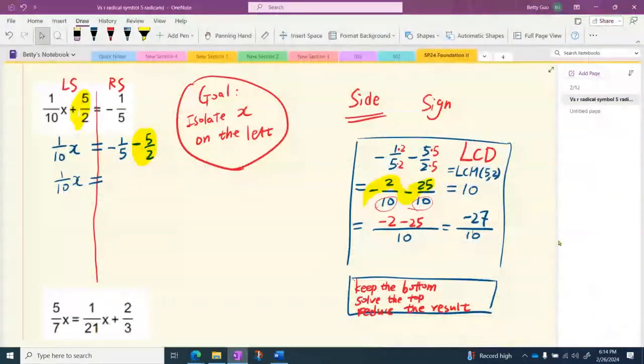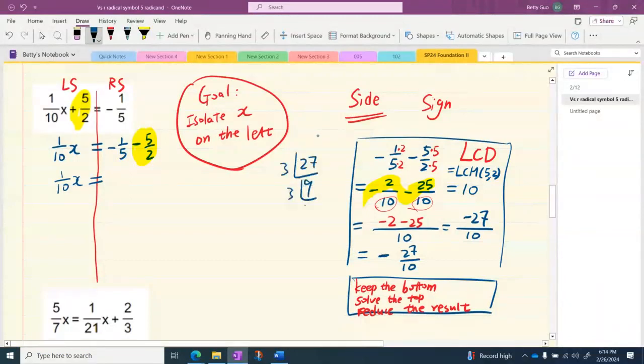Are we able to reduce the result? The result right now is a negative 27 over 10. We can write a negative sign in front. No problem with that. 27, if we use our big L technique, 27 is 3, 3, 3. And the 10 is 2, 5. You know the technique I teach in a class, the big L technique, very, very useful.